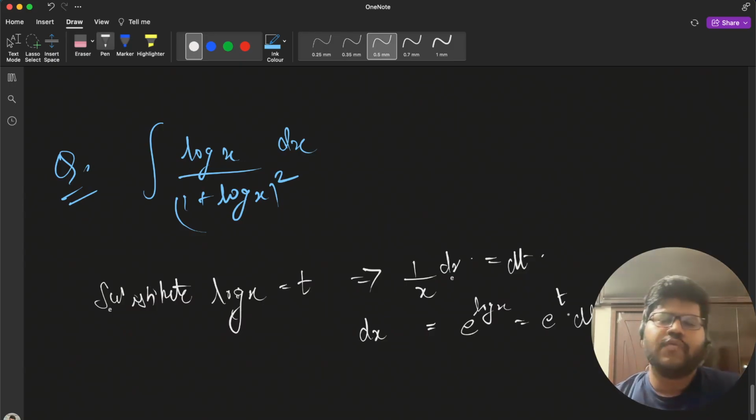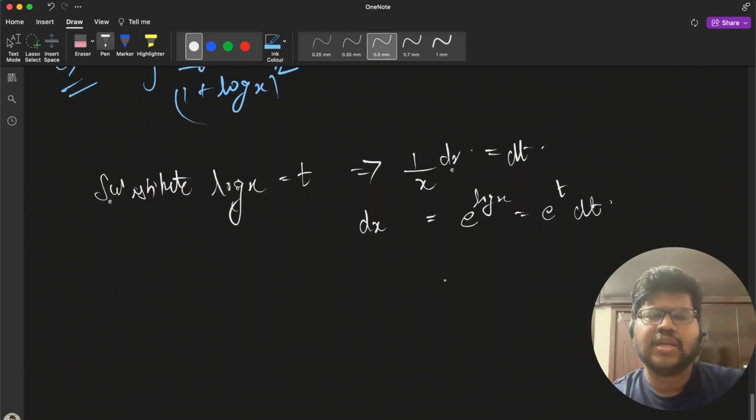Because x is e raised to power log x, it can be written as e power t dt.